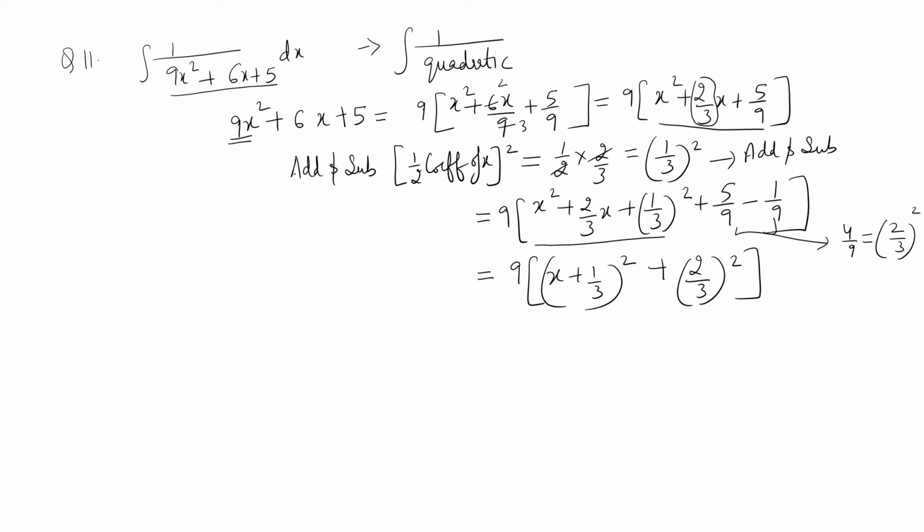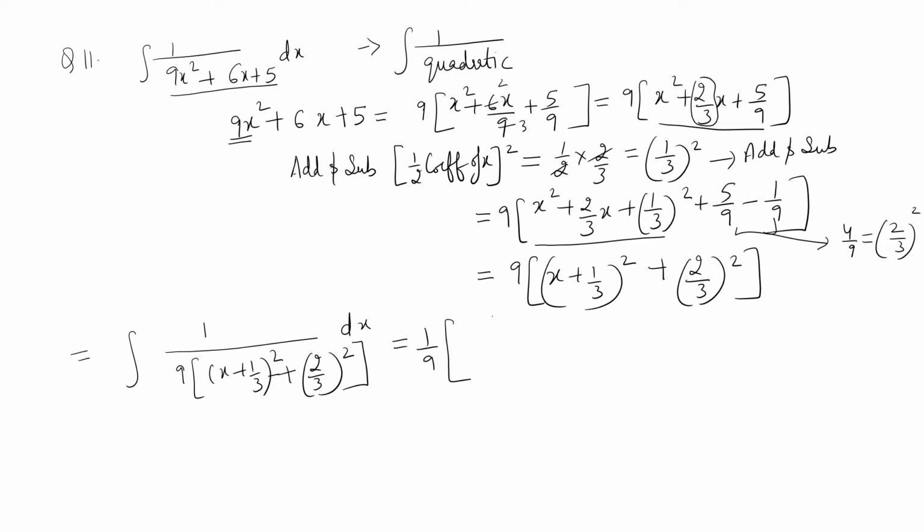Because all this is to be taken in the denominator, it becomes 1 upon 9 times x plus 1 by 3 whole square plus 2 by 3 whole square dx. Now take this 1 by 9 outside, and now I need to observe which form it is.